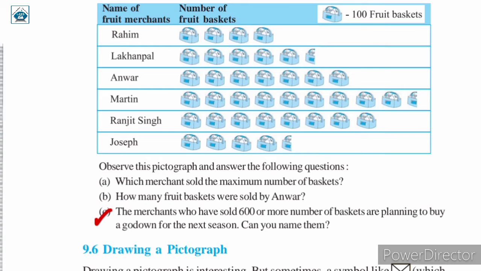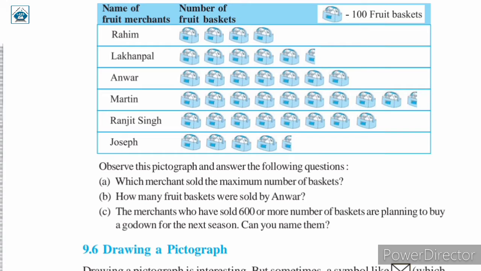C. The merchants who have sold 600 or more number of baskets are planning to buy a godown for the next season. Can you name them? In this question, we are asked the name of the merchants who have sold 600 or more number of baskets because they are planning to buy a godown for the next season. तो हमें उन merchants के नाम बताने हैं जिन्होंने 600 या ज़्यादा fruit baskets sell किए हैं.